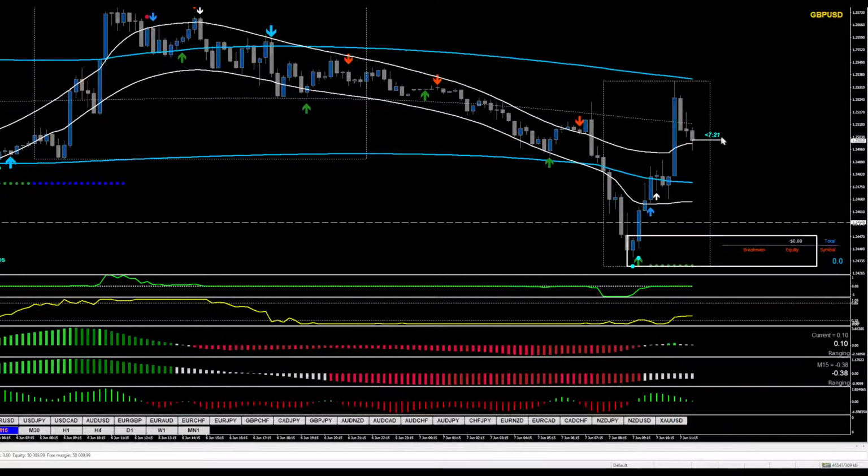So if it does come all the way back, then most likely we get a sell arrow here, which is the orange red one. So if that happens, we would have to wait for the green arrow again, as an example. If you get a white arrow going down, we would have to wait for the white arrow going up again. So you get the idea.